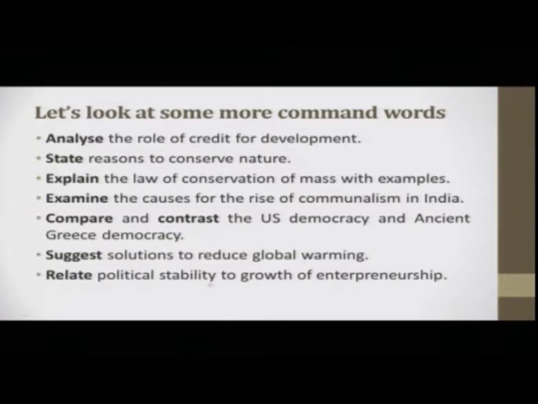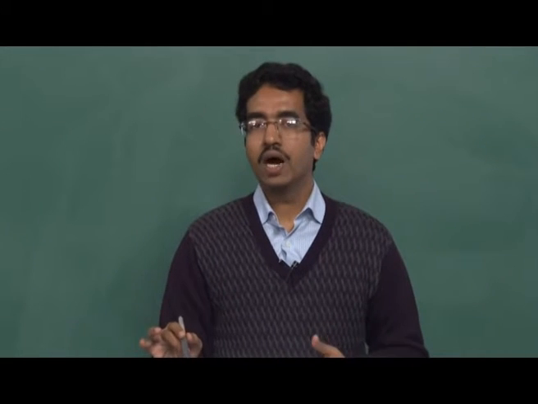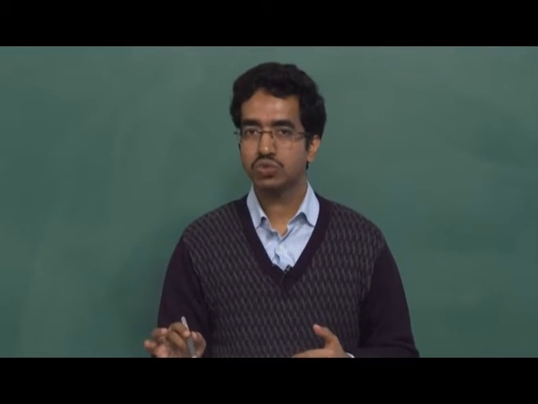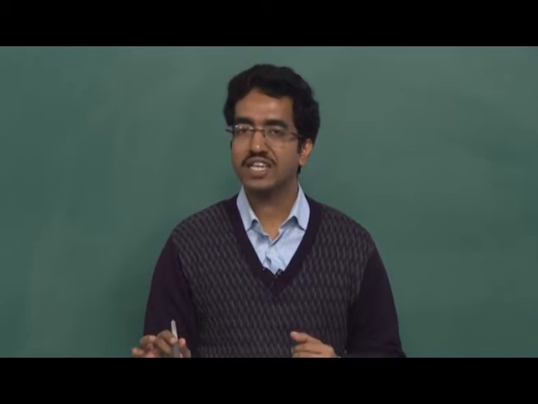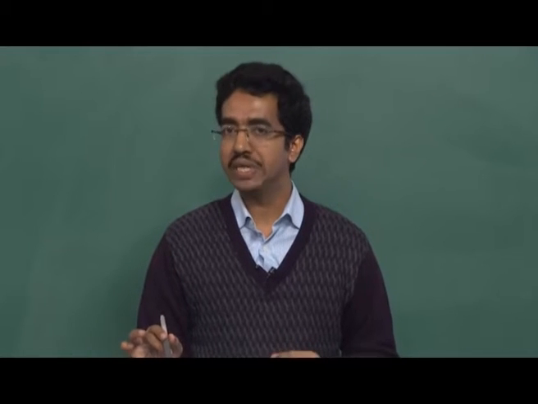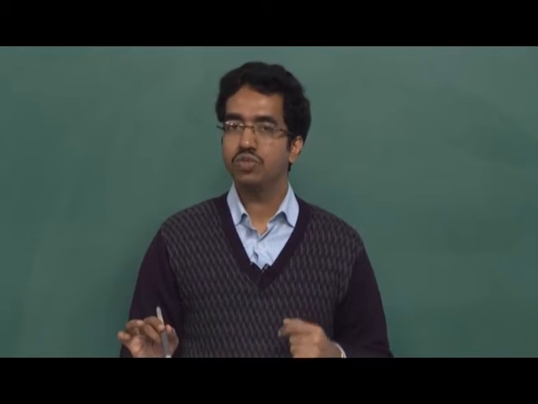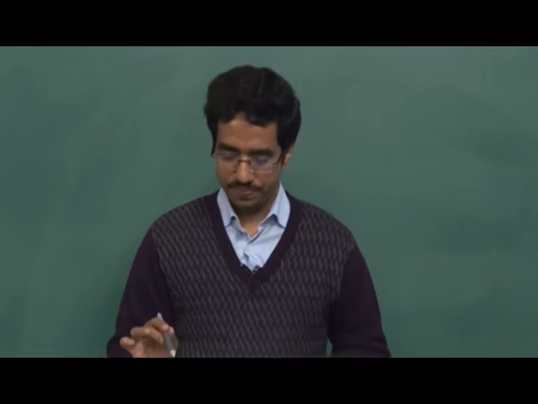When this goes up, this may also go up, or vice versa, or whatever the kind of relationship exists between the two entities, you have to clearly show with examples. You may come across some more words. Good idea is to refer to a good dictionary and find out what exactly that command word means. So, accordingly you can plan your essay.